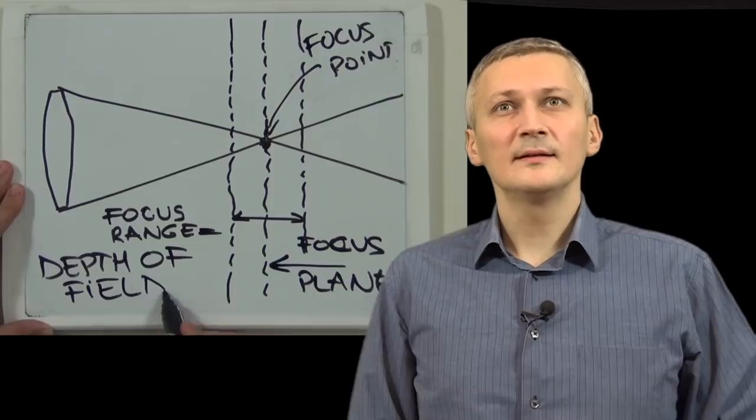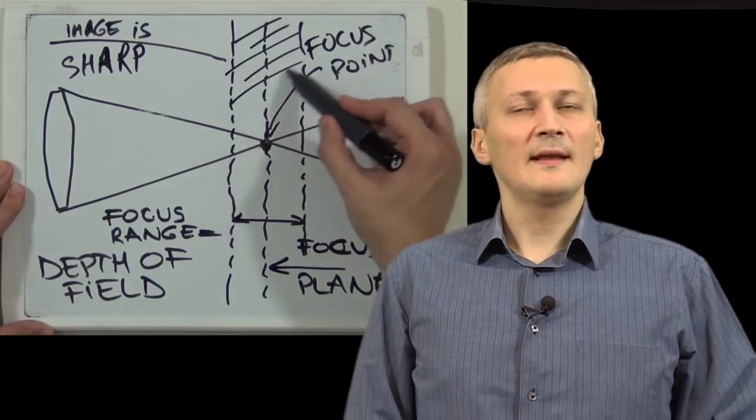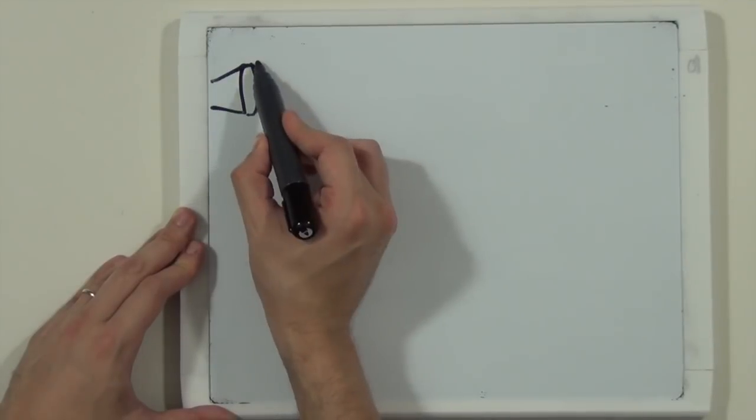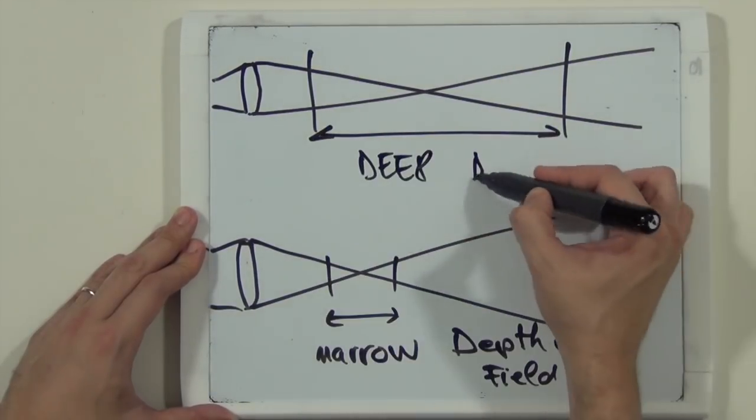The depth of field can be very deep, starting with a full image in focus and nothing blurry, or very narrow, where you can see sharpness for only a few millimeters of depth. For example, macro photography.